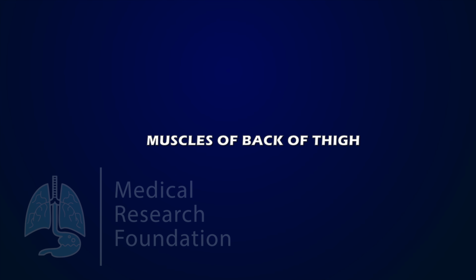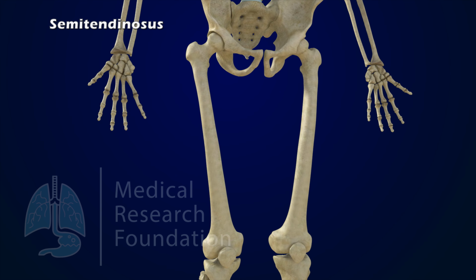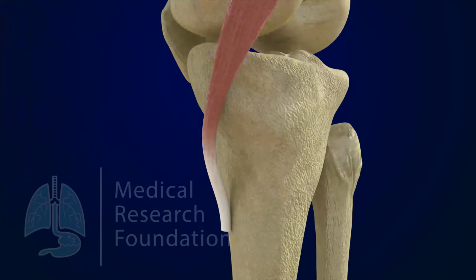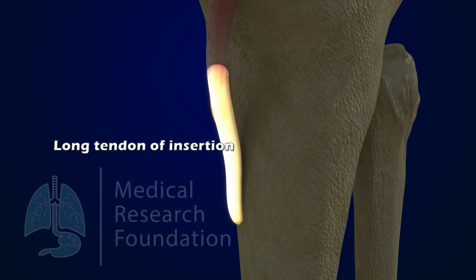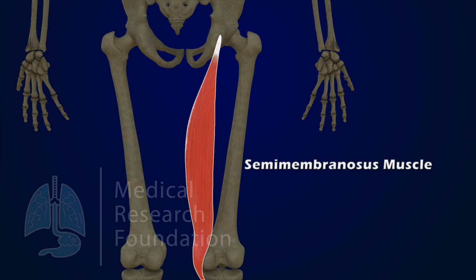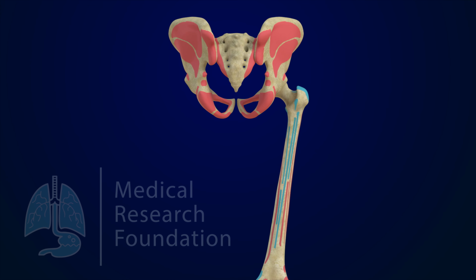Muscles of the back of thigh. Semitendinosus. It is so named because it has a long tendon of insertion. It lies posteromedial in the thigh, superficial to semimembranosus. Origin.